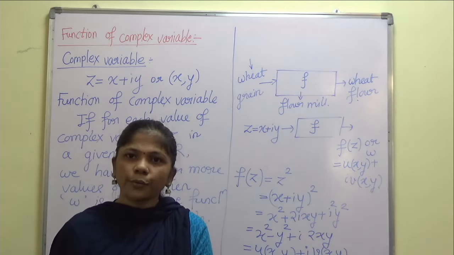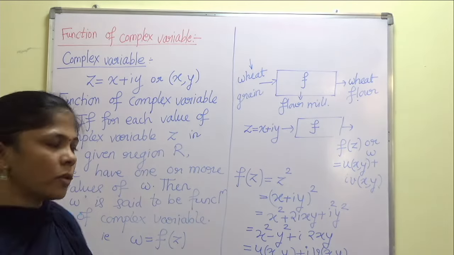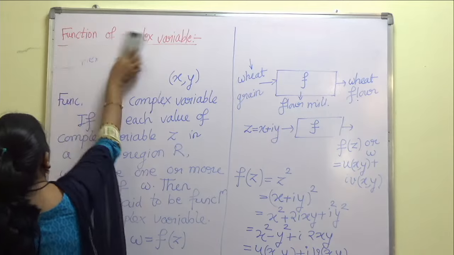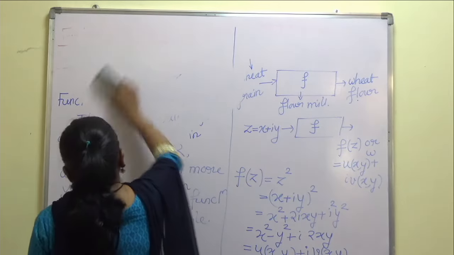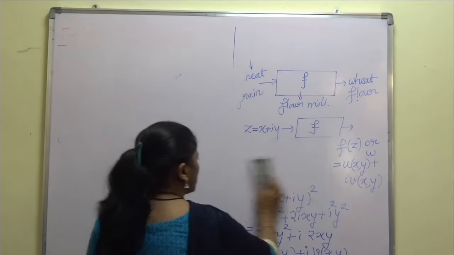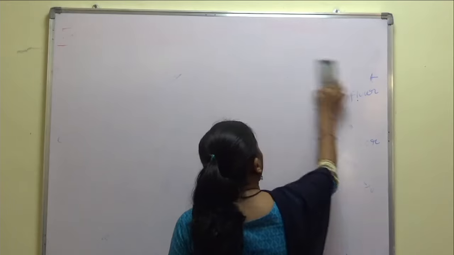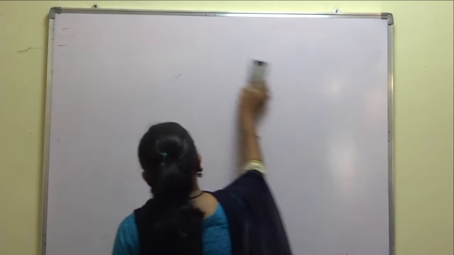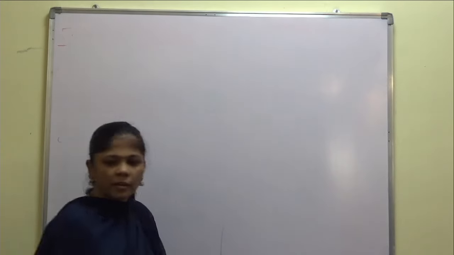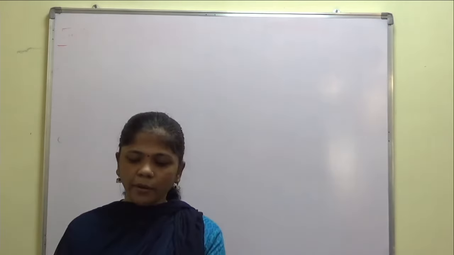Let us move to the types of functions of a complex variable. Generally, we have two types of functions: one is multi-valued and another is single-valued. First is multi-valued and second is single-valued.